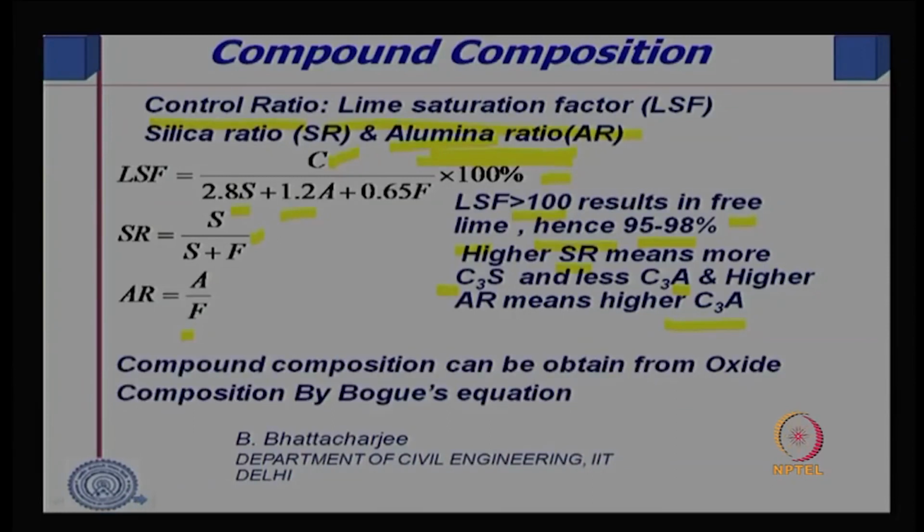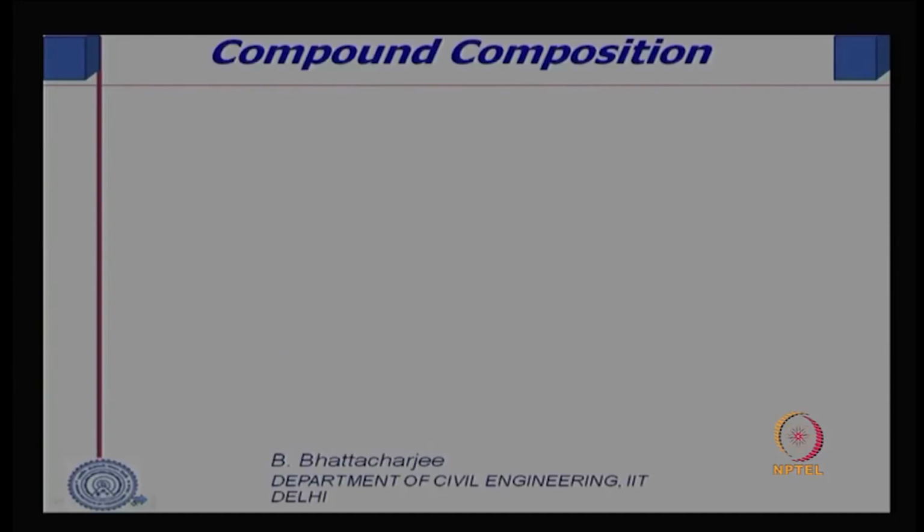Compound composition of cement is calculated from oxide composition by an equation called Bogue's equation. This is an empirical way of determining it, and this is what it is.